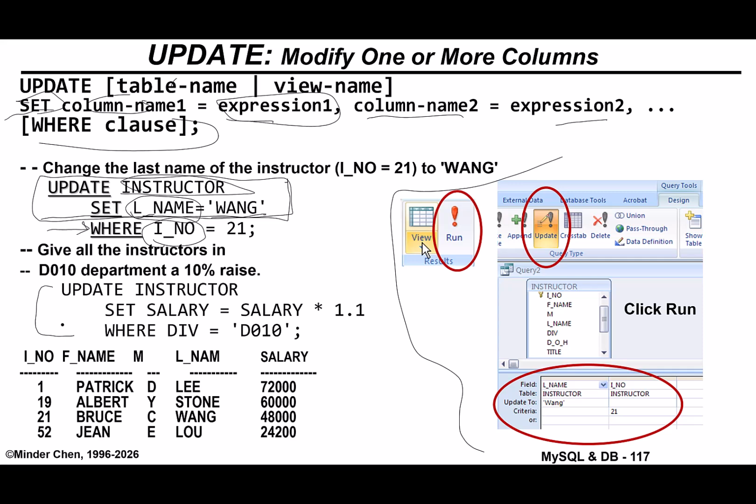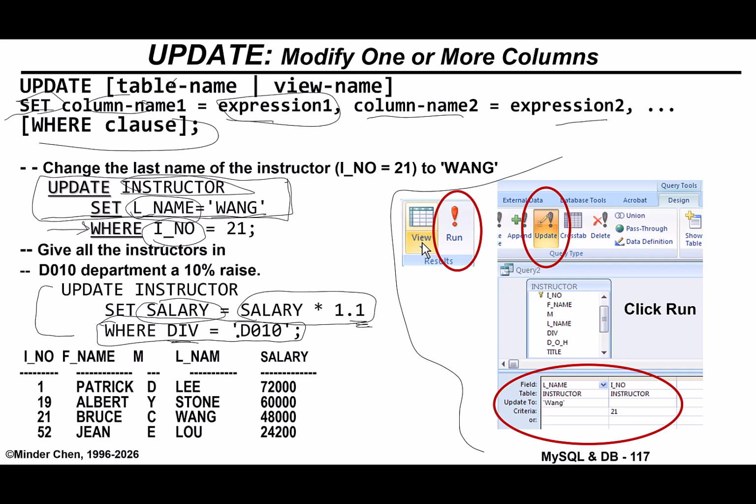I'm also going to update the instructor table to reset the salary by increasing the salary by 10%, or salary times 1.1. However, this raise is not for everybody. It's actually for all the instructors in division D010.